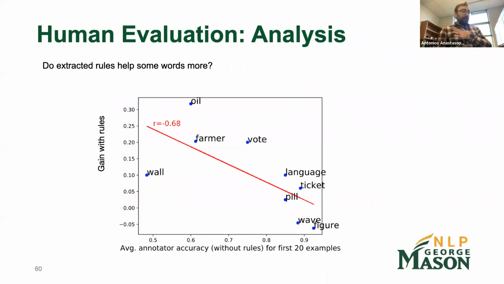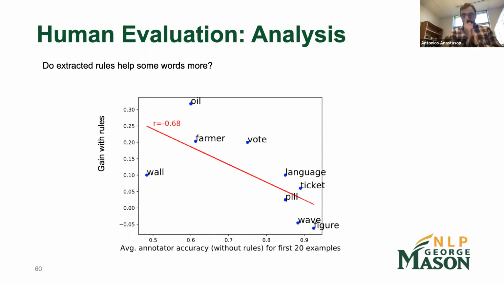Cool. And then we do a little bit of analysis that I'm going to go very briefly through. So the quality of the model affects how good the rules are, and in response, that affects how fast the learners learn.